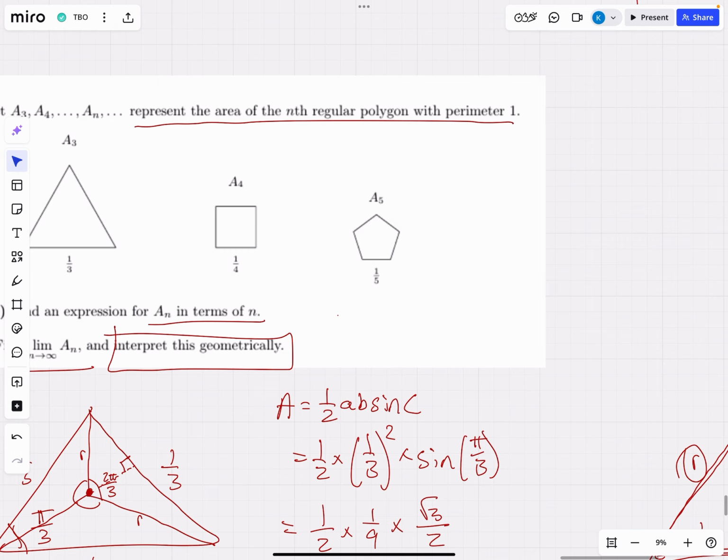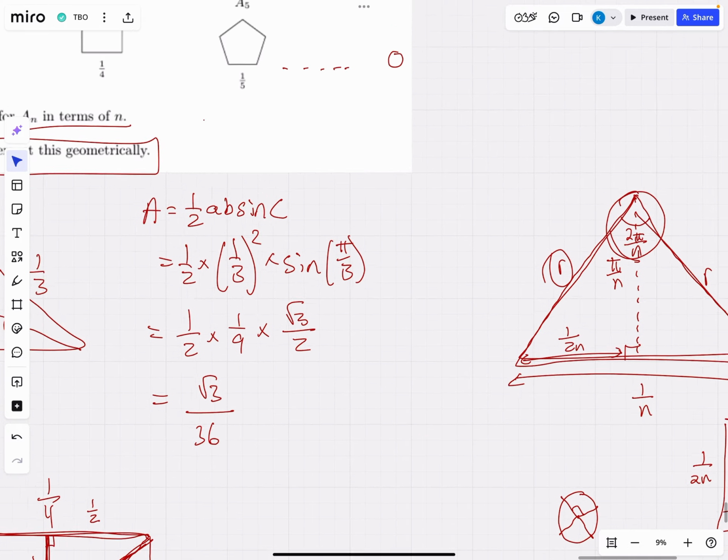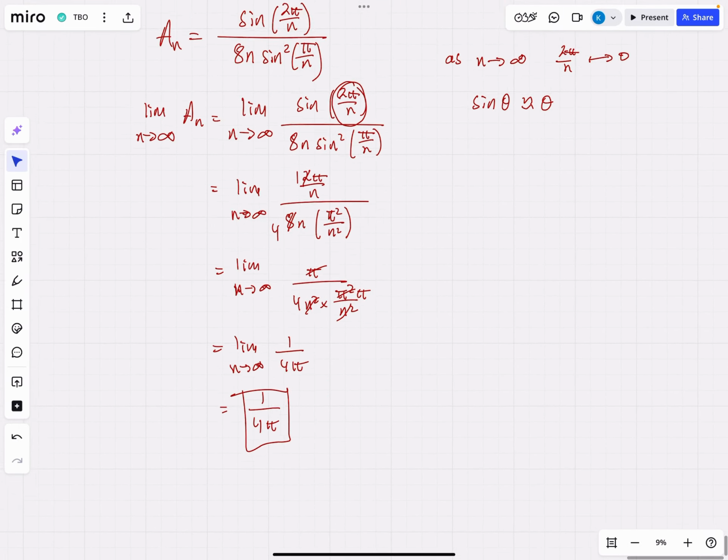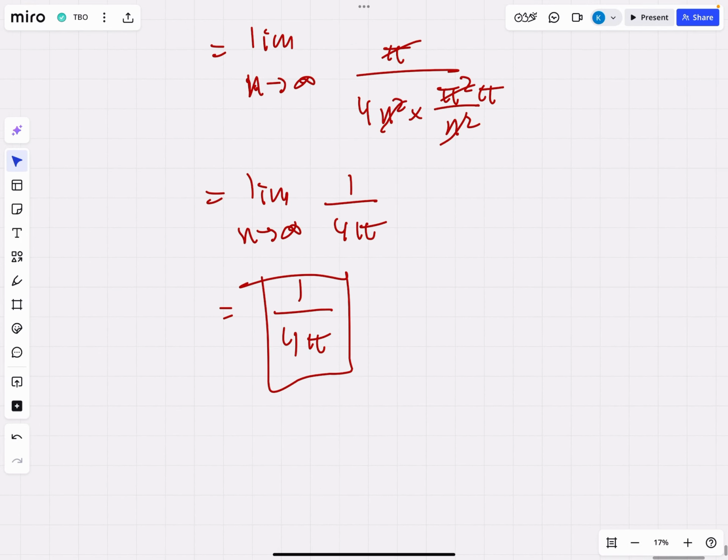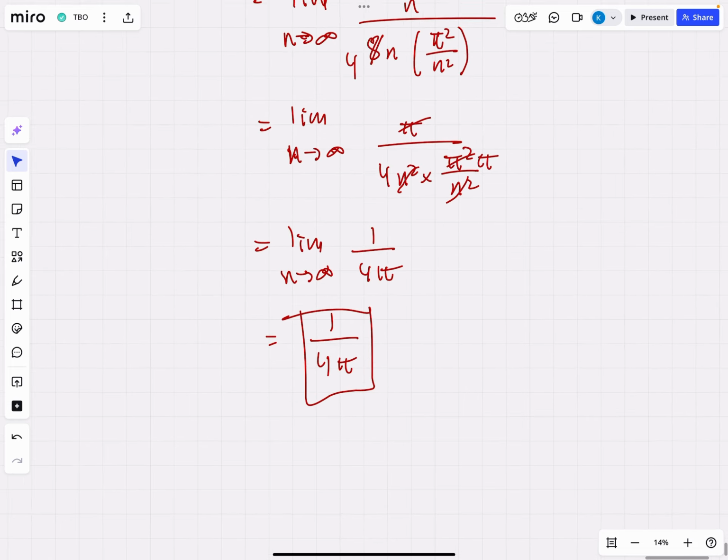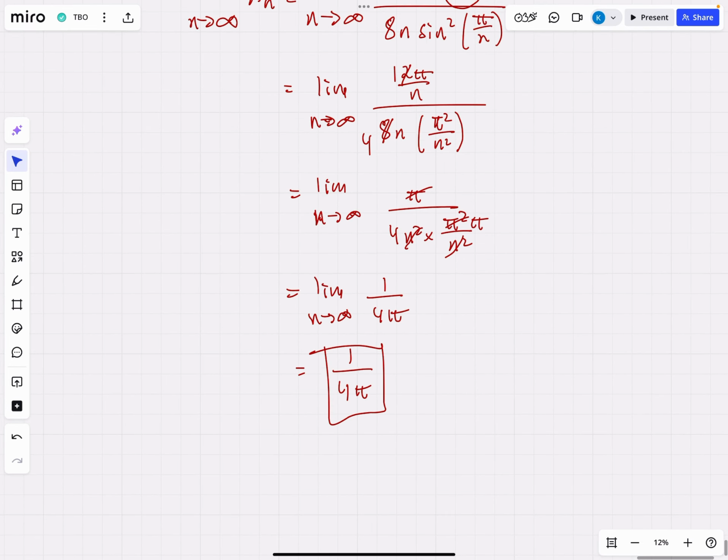Geometrically, as we increase n, as we make the number of sides increase, this is going to tend towards a circle, right? And so I believe that this is going to be the area of a circle with perimeter equal to 1.